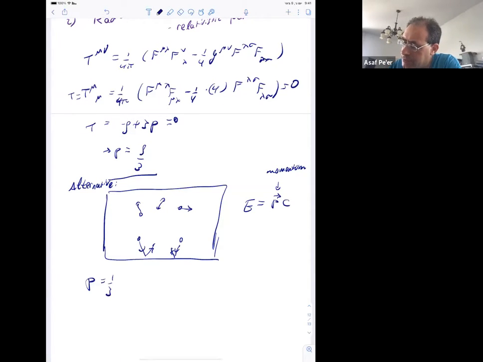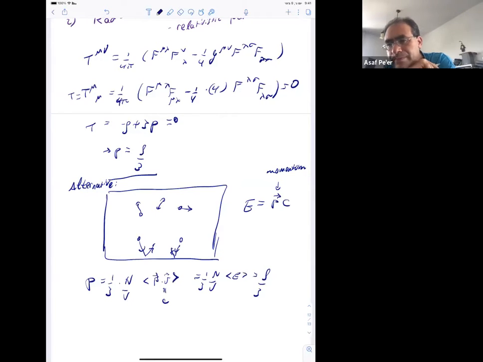Is 1/3 times the total number divided by the volume times the average of the momentum exchange times the velocity. But the velocity is just c, so it's just 1/3 of the energy, this is just the energy density. In any case, okay, think of that. That is something we should be able to do after you finish the first year.